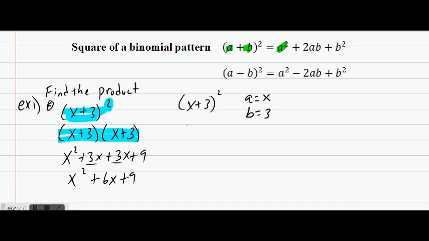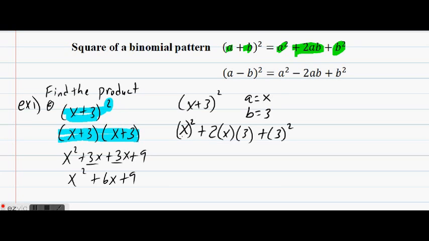A squared is x, so x squared, in parentheses, plus 2 times AB, plus 2 times A is x, B is 3, plus B squared, plus whatever B is, squared.